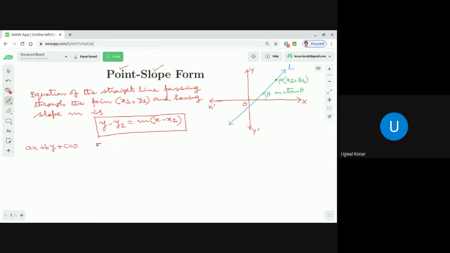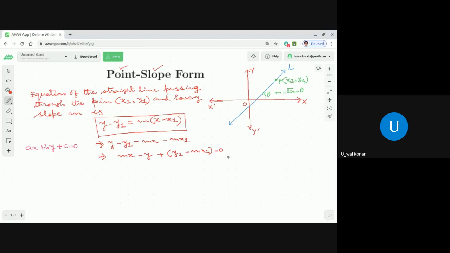So this implies y minus y1 is equal to mx minus m into x1. That implies mx minus y plus y1 minus mx1 is equal to 0.